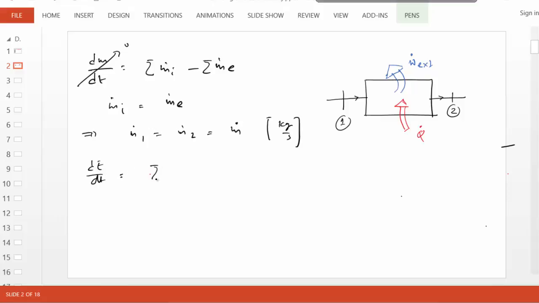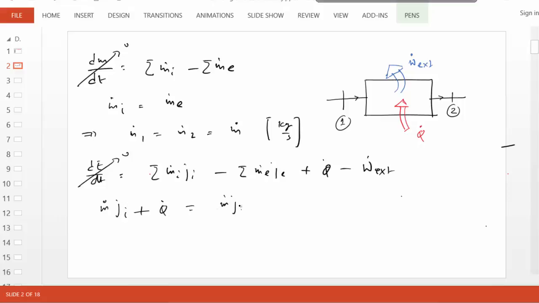Similarly, we have energy carried by the flow, energy transported out by the flow, heat that enters, and external work that leaves the system. Steady state. Single flow. So by rearranging, and substituting m dot i equals m dot e, we get m dot j inlet plus Q dot equals m dot j exit plus W dot external.